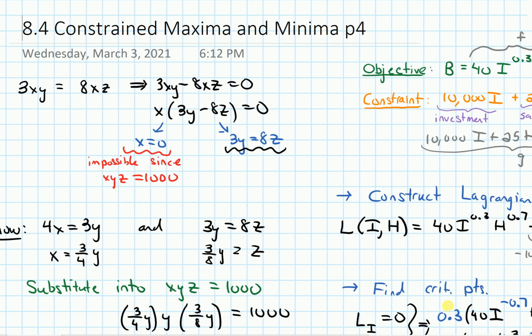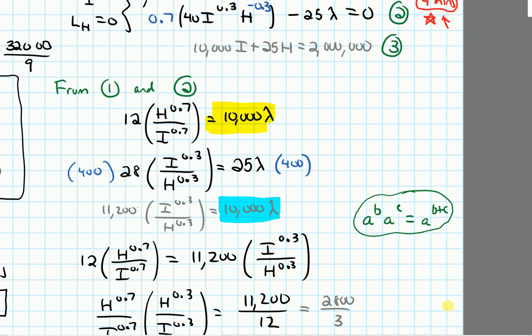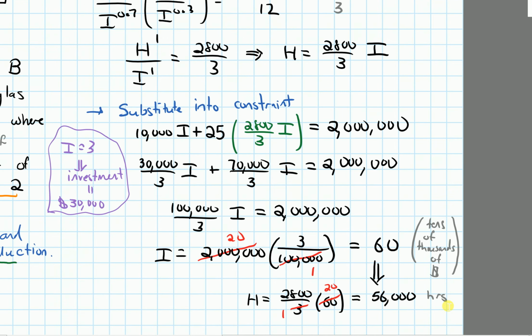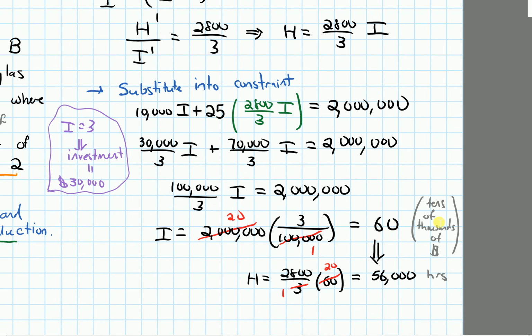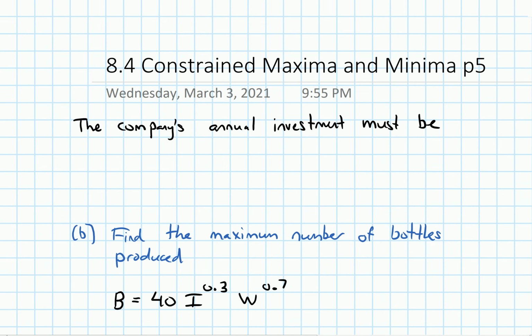Was it? If I scroll down, I think it was 60 for I. It was 60, but remember that is in tens of thousands of dollars, so I need to multiply 60 by 10,000, and that's going to give us 600,000. 60 times 10,000 is 600,000.